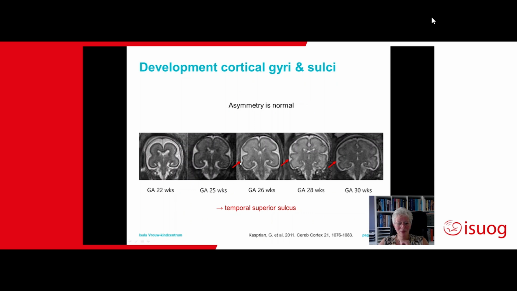But on this side it is, and on this side it isn't. And during development, you can see that on one side it appears earlier and it is more advanced in development than on the other side. And this is completely normal. So asymmetry is normal.